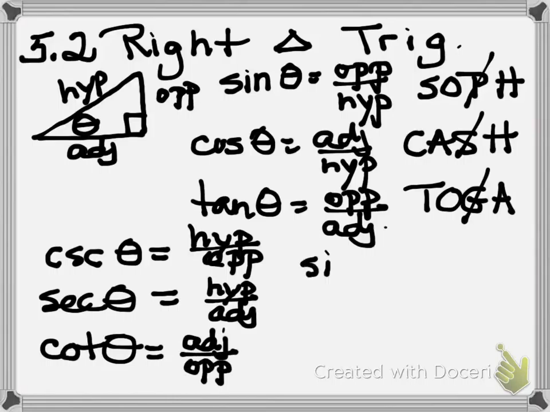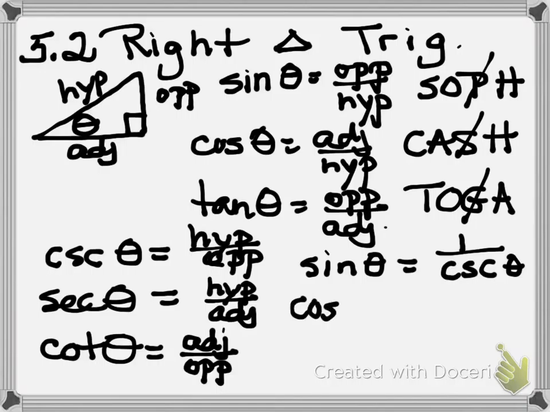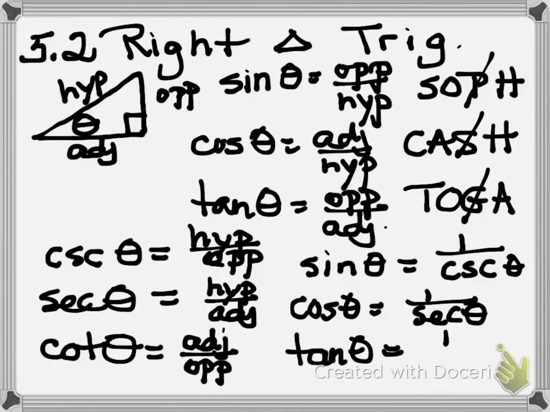So we have the sine and cosecant are reciprocals. Cosine and secant are reciprocals of each other, and tangent and cotangent are reciprocal functions of each other.